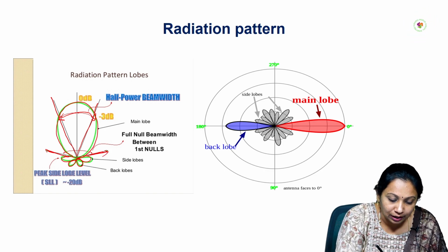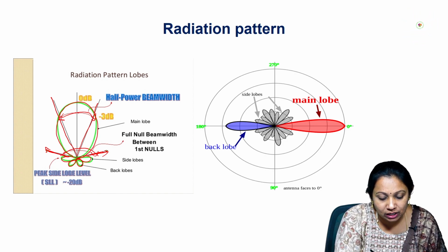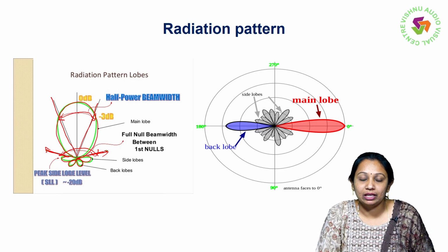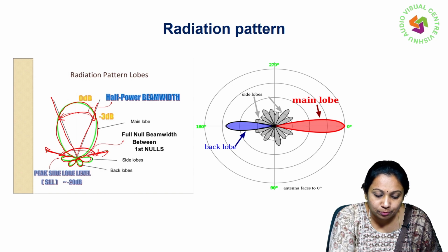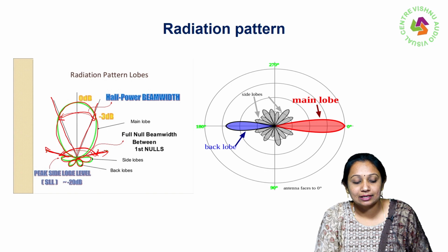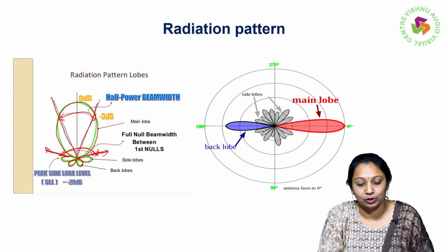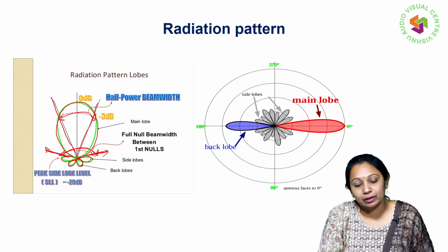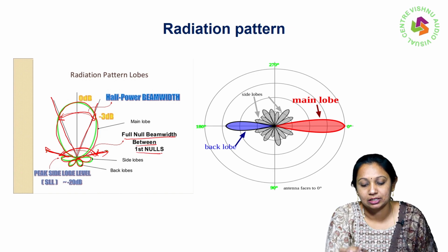If you draw like this, the angular width between these nulls, that means where there is no radiation, simply represented as null, the angular width between these nulls, which lie exactly beside the major lobe, is represented as the full null beam width, or beam width between first nulls.